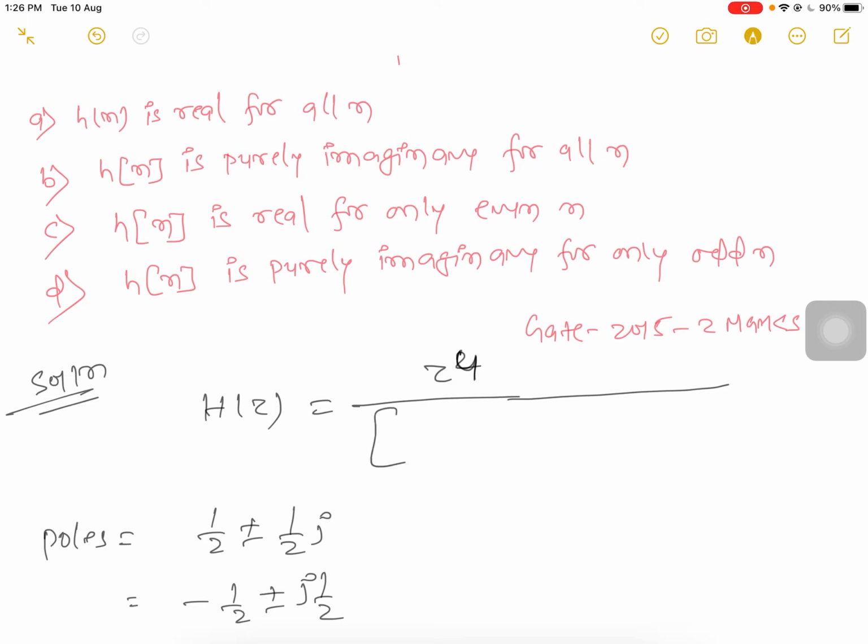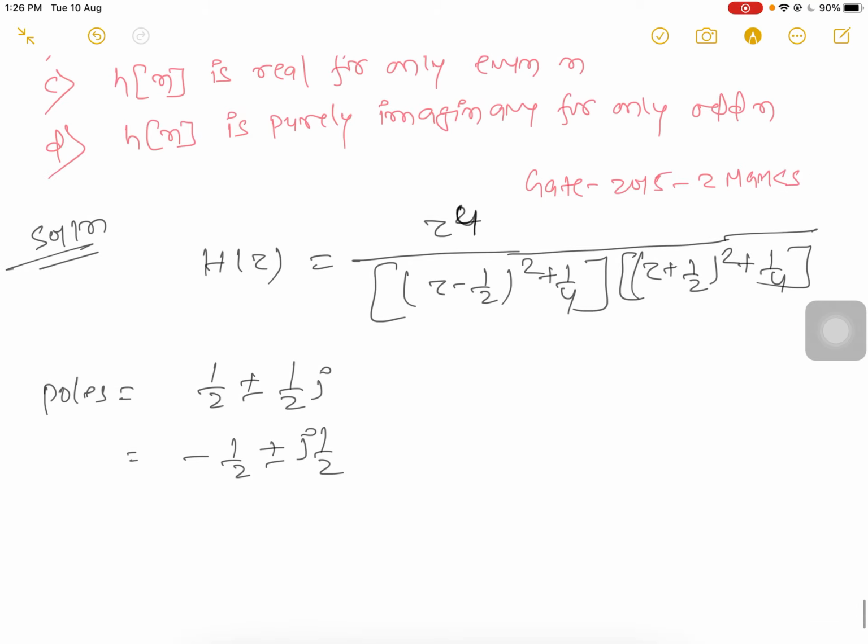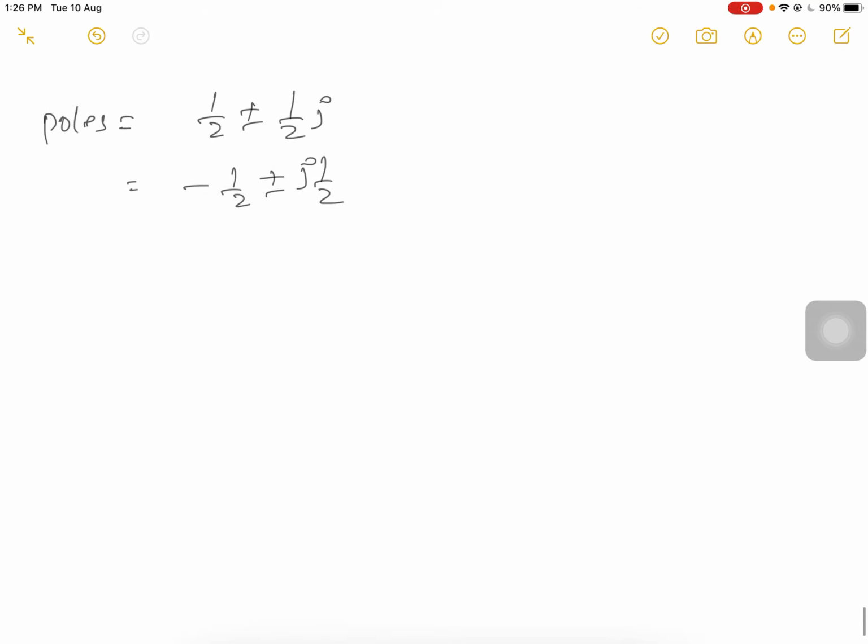So in both directions, we can write (z minus 1/2) squared plus 1/4, and (z plus 1/2) squared plus 1/4. We can write the transfer function this way.